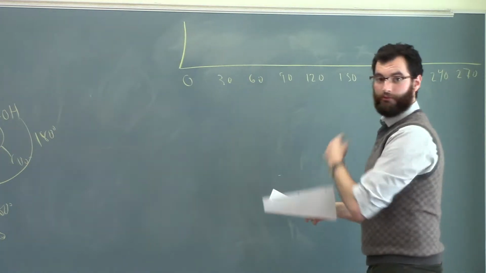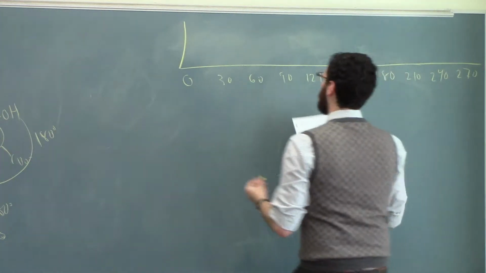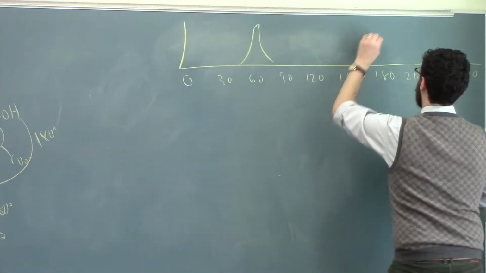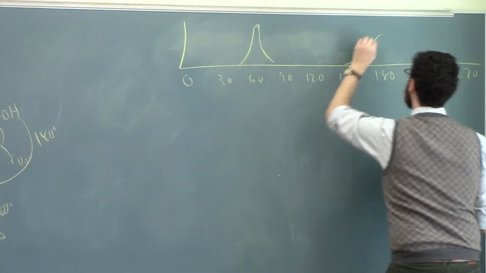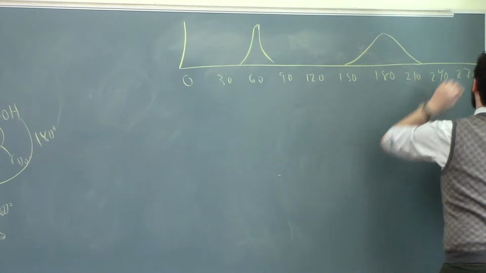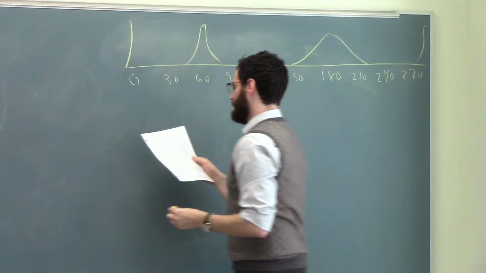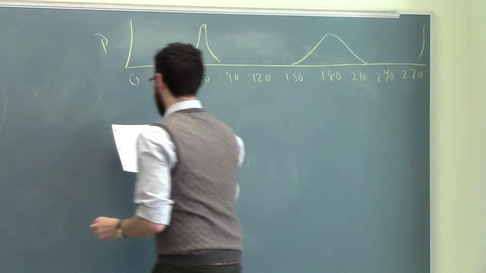Well, we're not going to get the full 300. We can see around 60 degrees it would be a little peak. Around 180 it might be a shorter but broader peak. And all the way out here we see a peak that might be more or less symmetric to this one.